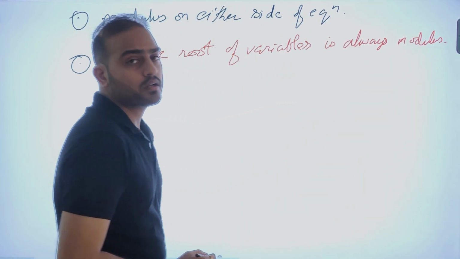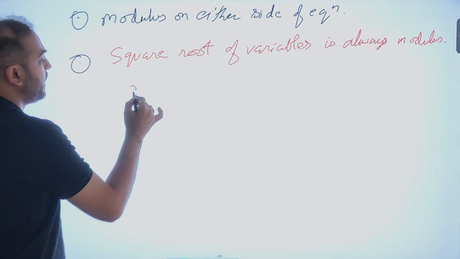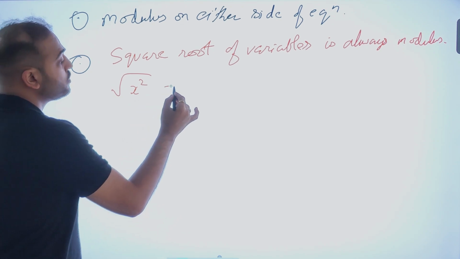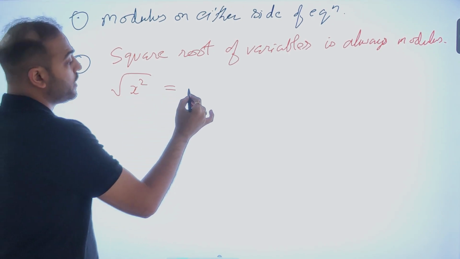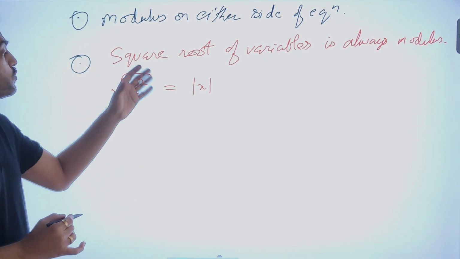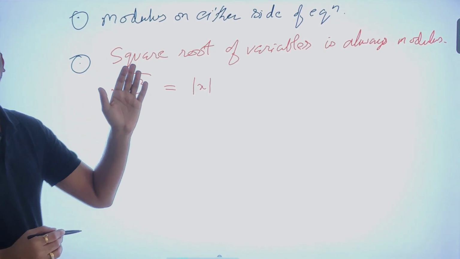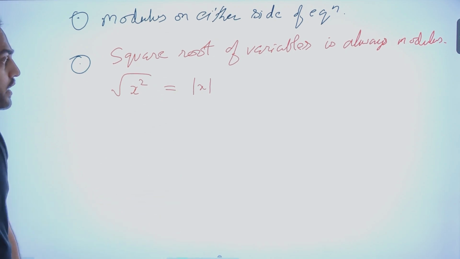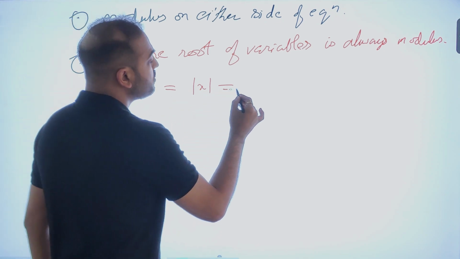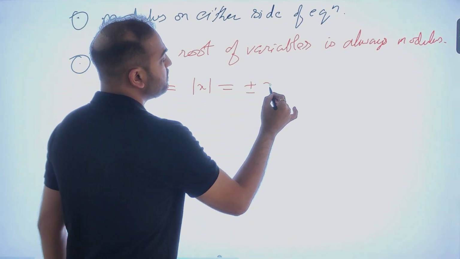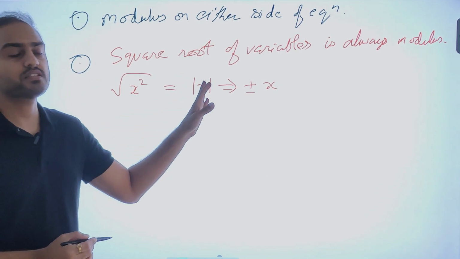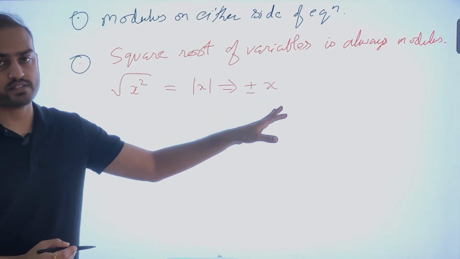So square root of x square is modulus x, and then you solve this modulus x as plus minus x. Then you replace this modulus x with a plus minus x.